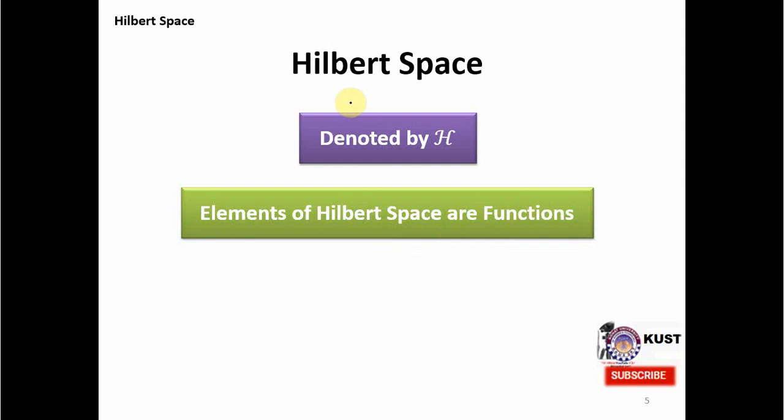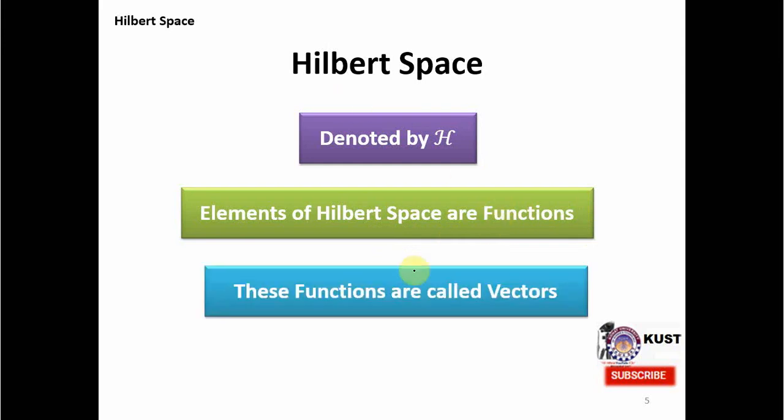So Hilbert space is a space which is made of functions, and these functions are called vectors. The resemblance between vector space and Hilbert space is so close that we call the elements of the Hilbert space, which are functions, vectors. So vectors will be the elements of this space, denoted by the symbol H.